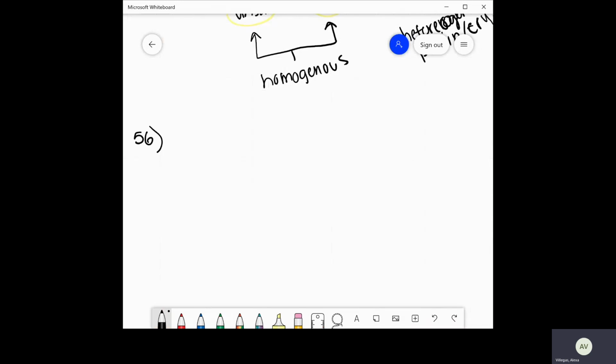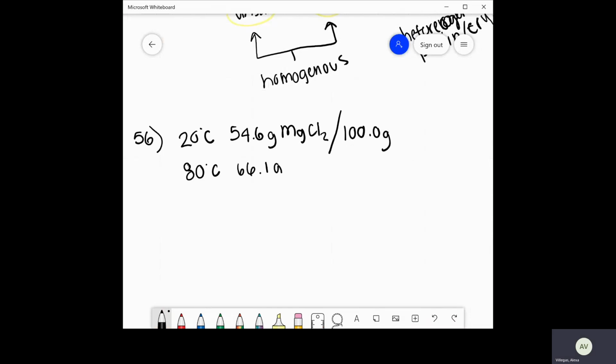Its solubility in water at 20 degrees is 54.6 grams per 100 grams, and at 80 degrees, that solubility goes to 66.1 grams per 100.